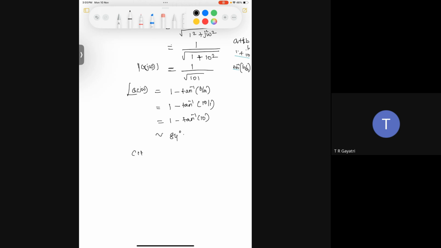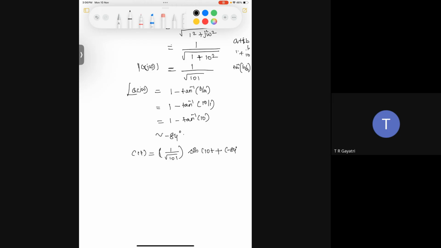So your output will be, what is your magnitude? 1 by root of 101 times sine of 10t, minus 84 degrees.